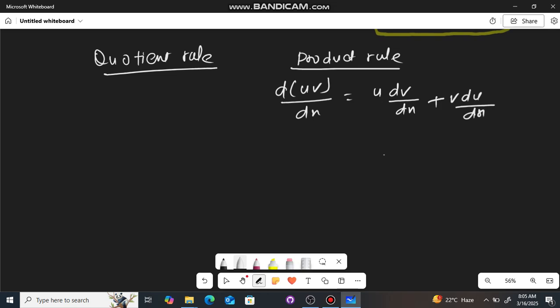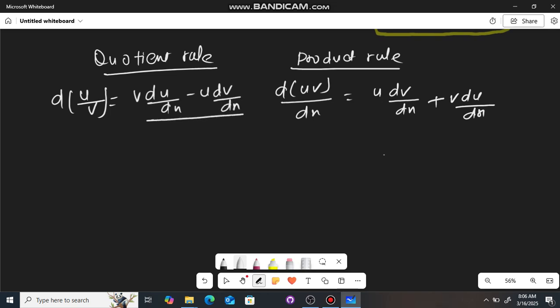Similarly, for the quotient rule, if the algebraic expression is given in the form of a quotient, in the form of division, then we have the formula (v du by dx minus u dv by dx) divided by v square.